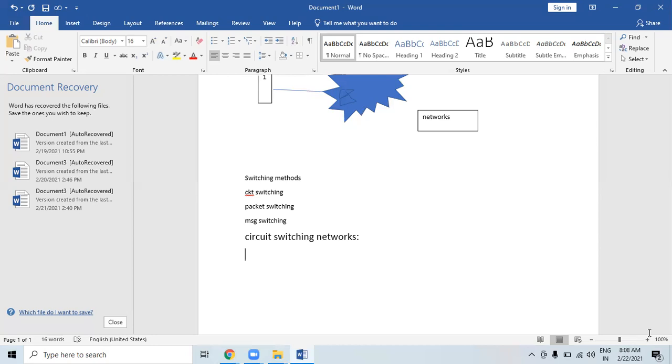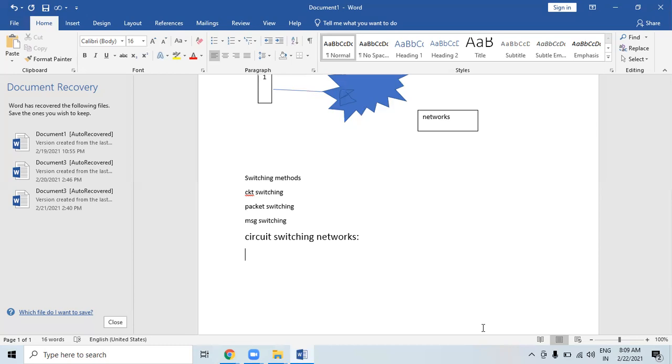The network connection allows electrical current and the associated voice signal to flow between the two users, and the end-to-end connection is maintained for the duration of the call. Telephone networks are connection oriented because they require the setting up of a connection before the actual transfer of information can take place.